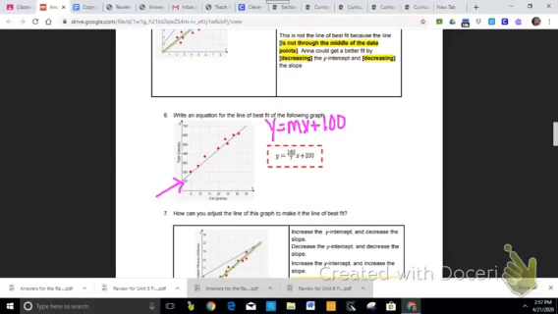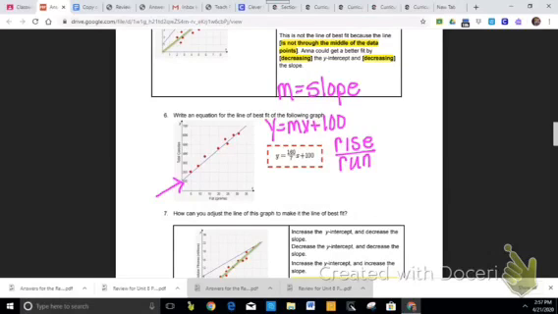Next, we have to find our m. Our m is always our slope. Remember, to find slope, we need to find our rise over run. So we have a point here and a point here, and we have to figure out how much we are rising and then how much we are running.